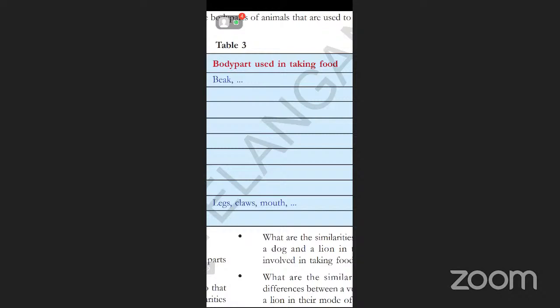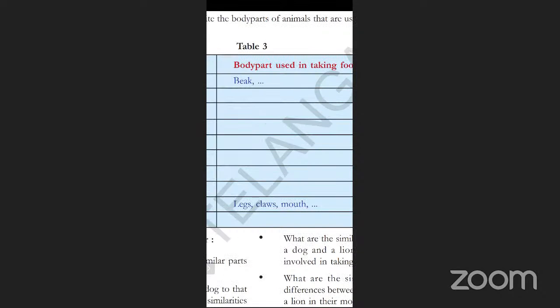So for a bird, how will a bird take food? The bird uses its beak or its claws, etc. Like that you have to complete the total table.